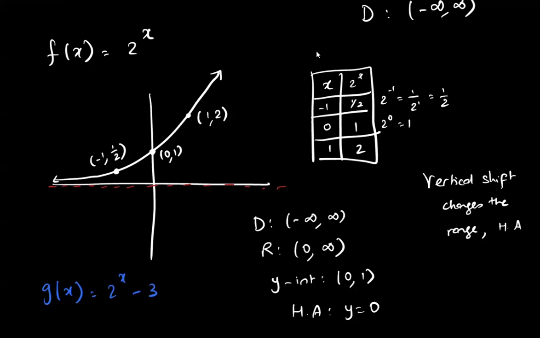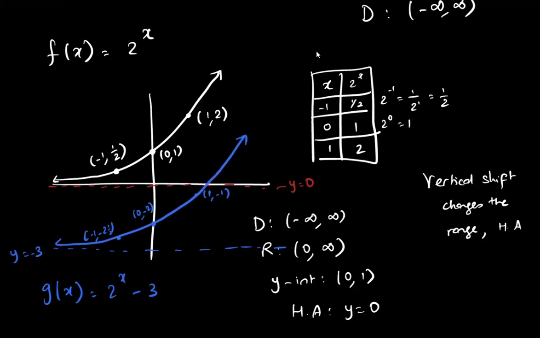So this y equals 0 horizontal asymptote is now moved to y equals -3. The first point that I had here, this point, is going to now move to (-1, -2.5), because I subtracted 3 from a half. This is going to become (0, -2). This is going to become (1, -1). So my graph is going to look like this.